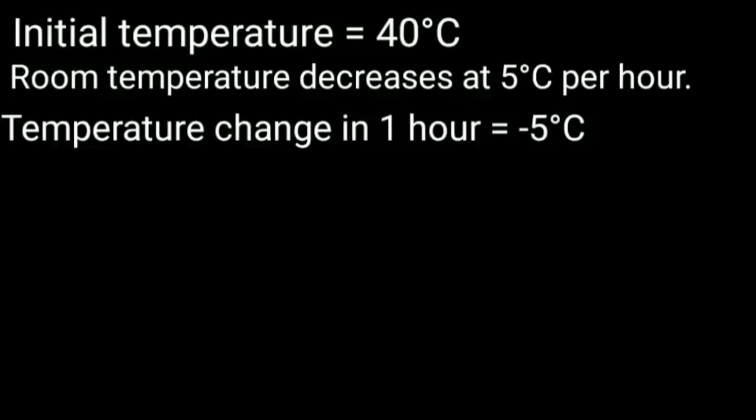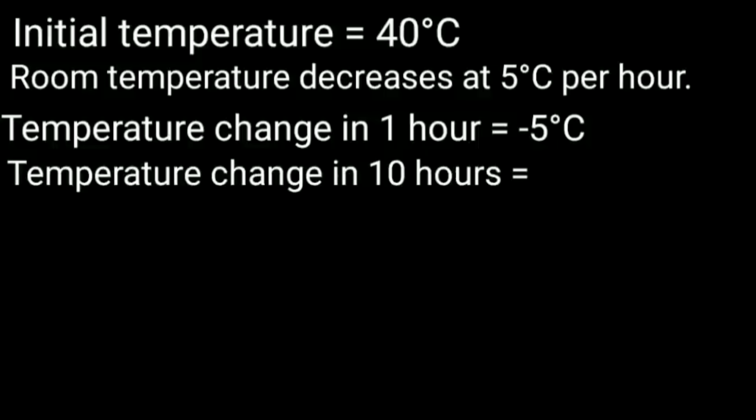Next statement is temperature change in 10 hours. Temperature change in 1 hour is equal to minus 5 degrees Celsius. Then to find the temperature change in 10 hours, we have to multiply minus 5 degrees Celsius by 10 hours. So, 10 into minus 5 degrees Celsius.